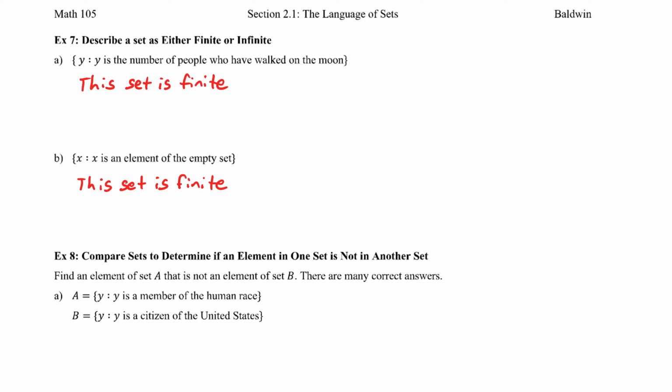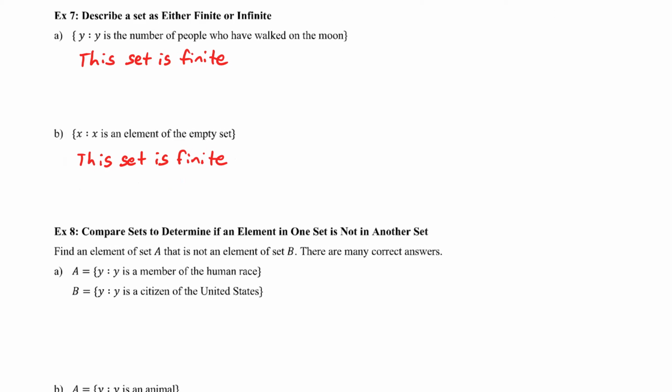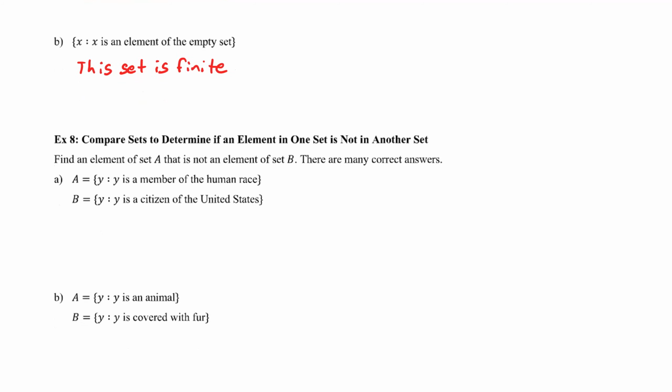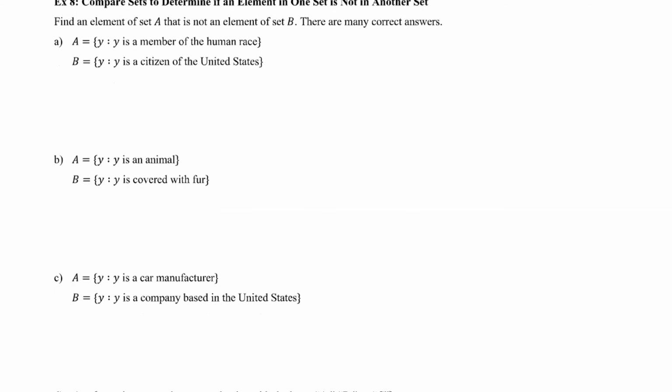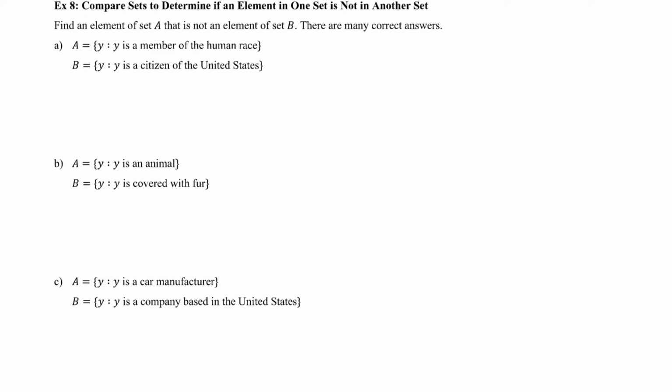So the last example we have in this section is a couple of situations where we have 2 sets and we're trying to figure out if the first one has an element that is in the second one or not. So we're trying to see if there is a relationship here. The directions say find an element of the first set that's not an element of the second set.